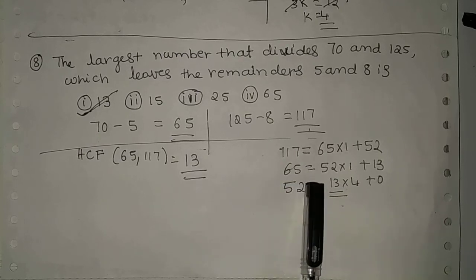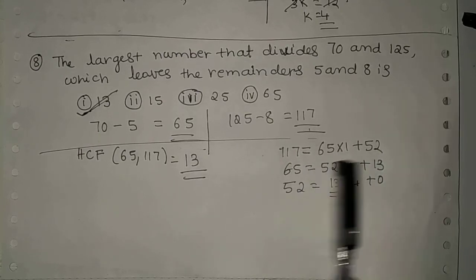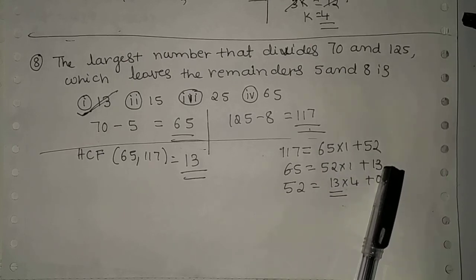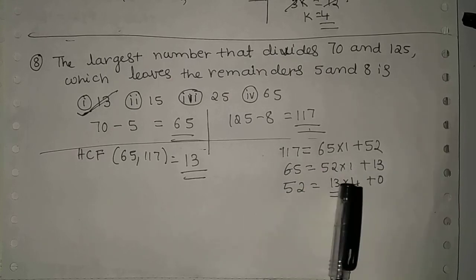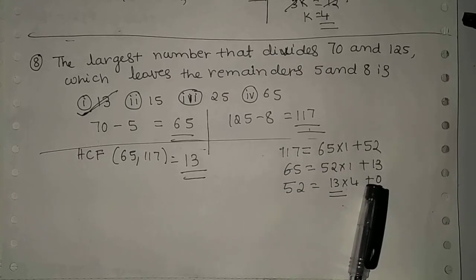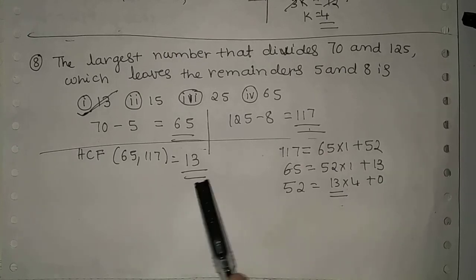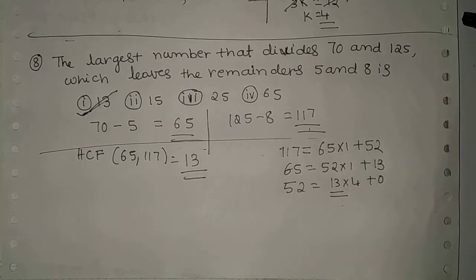Then take this 65, then 52 into 1 plus 13 will be 65. Then take 52, then 13 into 4 will be 52 plus 0 is the remainder. So 13 is the correct answer for this eighth problem.